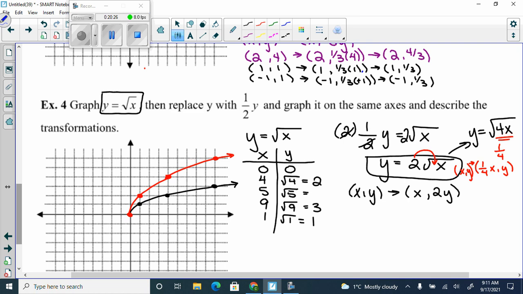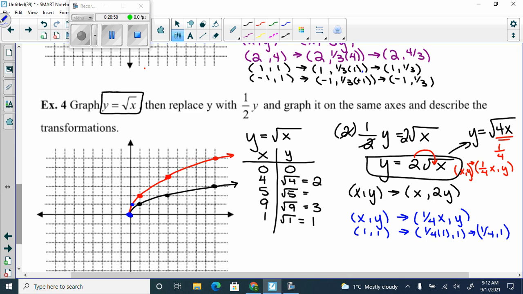If I go (0, 0), it's going to remain (0, 0) because it's a quarter times 0, which is 0. Then this one is going to move my (1, 1). So if I use my mapping, my (1, 1) is going to become a quarter times 1 and 1, which is a quarter and 1, so 0.25 and 1. I land there.